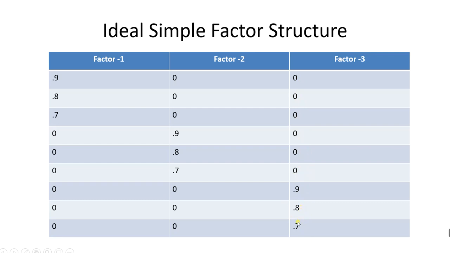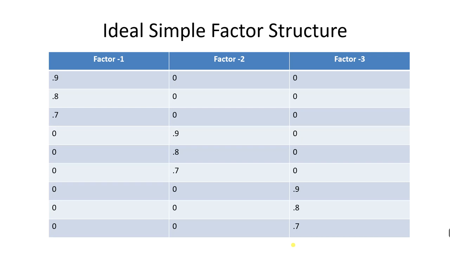And these three variables also have near zero loading on the other two factors. So this is the ideal simple factor structure. By rotation, we try to approximate or reach a solution which is very close to this.